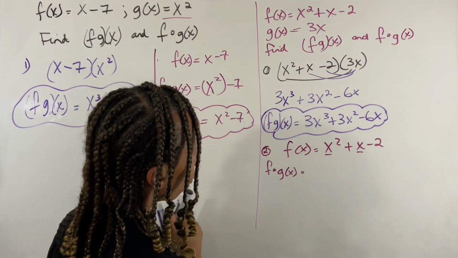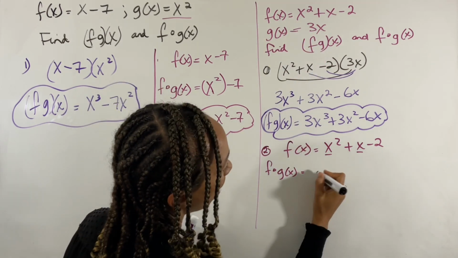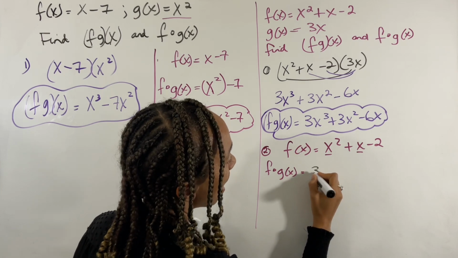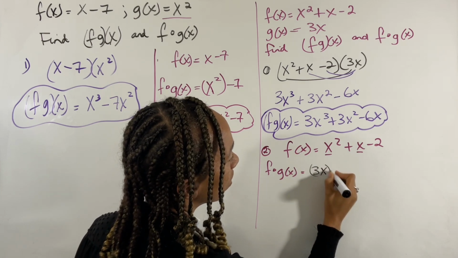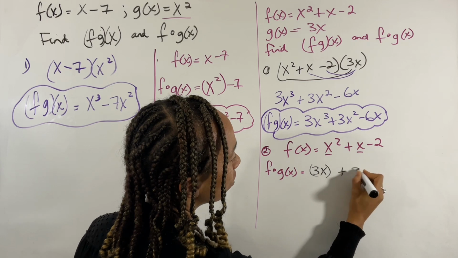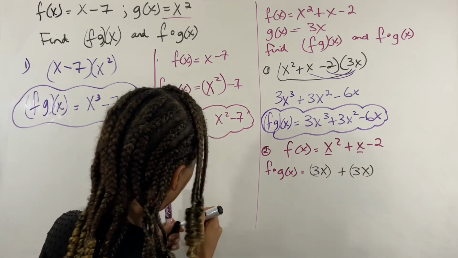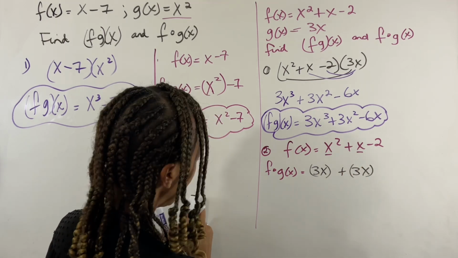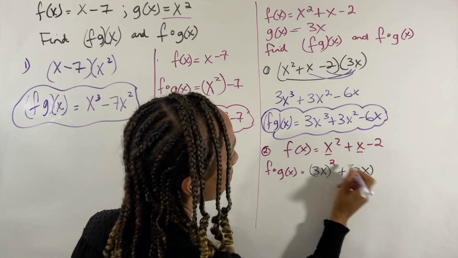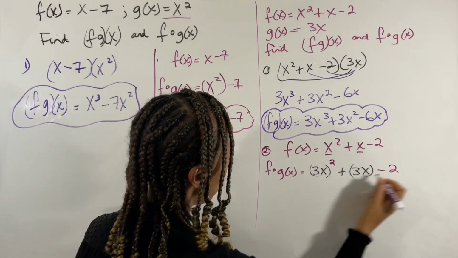So, I'm going to throw in my 3x now. So, I have 3x here, plus 3x here, and I always like to use my parentheses there. I'm going to put my exponent there and minus 2.